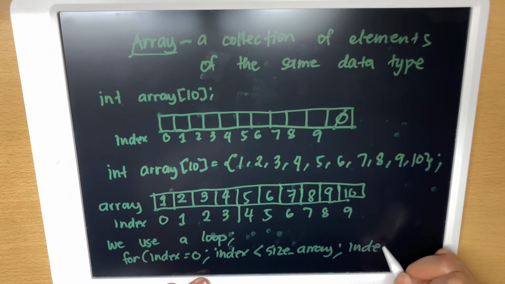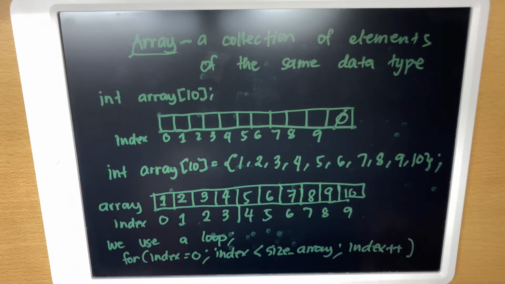We increment. So that's basically how we traverse through each element in the array by using a loop. It can be a for loop, while loop, or do while loop, as long as it is a loop.